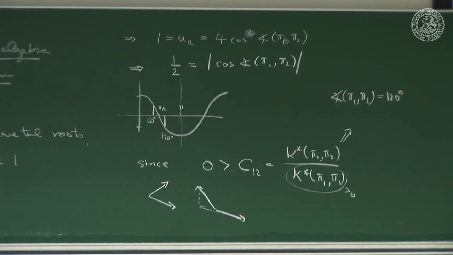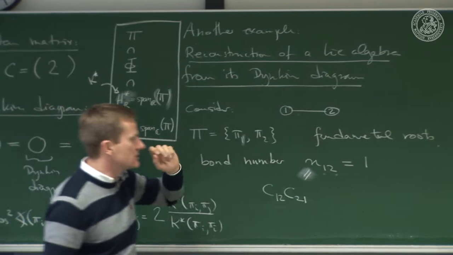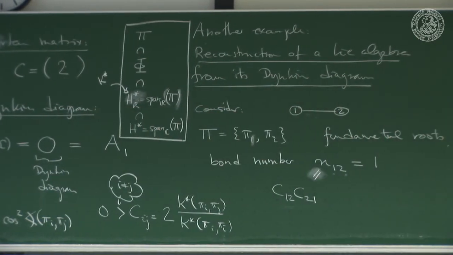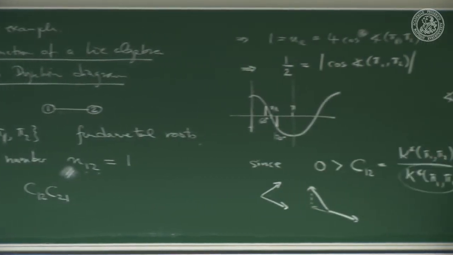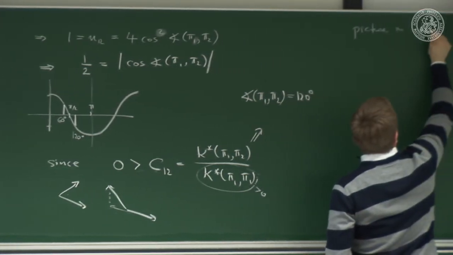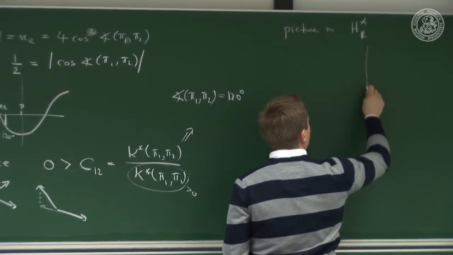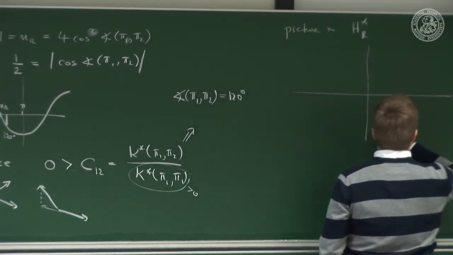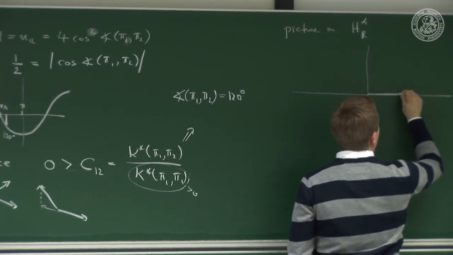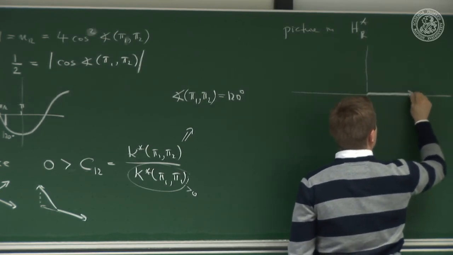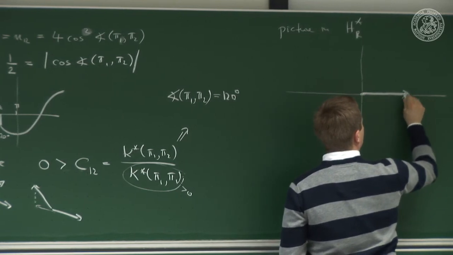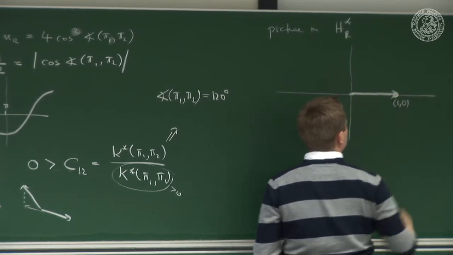Okay, so this means that in this two-dimensional real vector space, it's two-dimensional because pi has two elements, our fundamental root space, we have the following picture in H_R star, the realification of the dual. Let me draw two axes. I can choose one of the roots to be represented by this point, 1, 0.